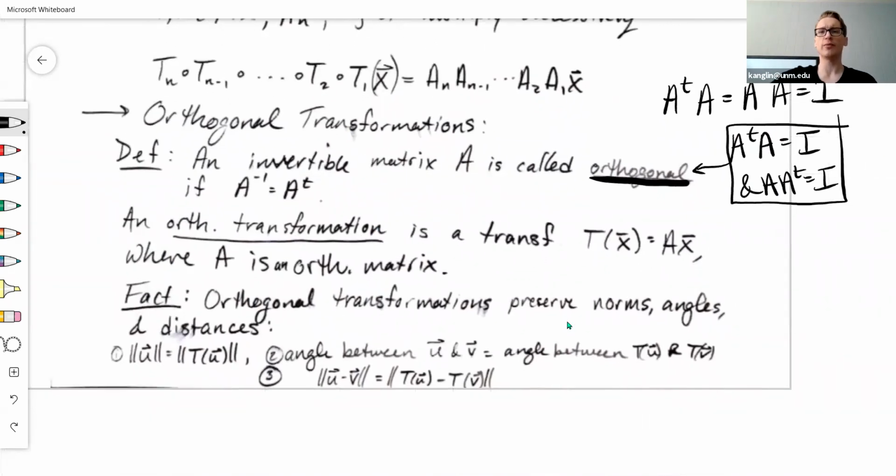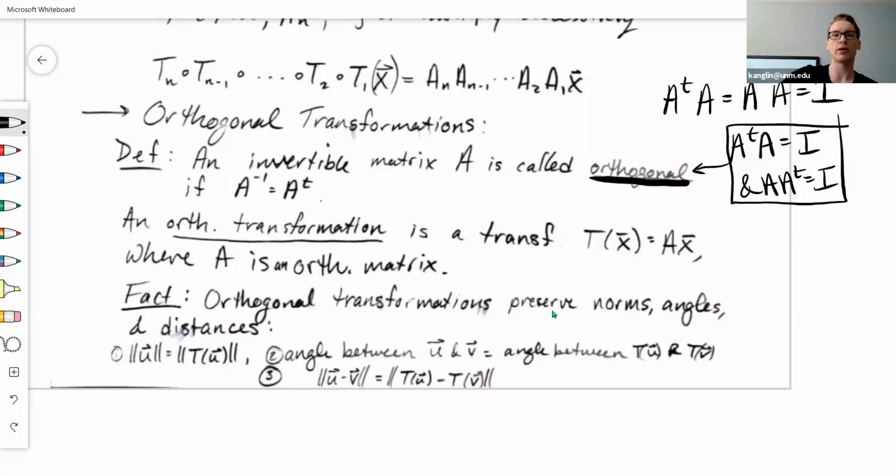Well, orthogonal transformations preserve norms, angles, and distances, meaning that the norm, the length of a vector u, is the same length as its image under this orthogonal transformation, right? The vector that gets output from this transformation is the same length as the vector you started with. The transformation preserved its norm, its length.